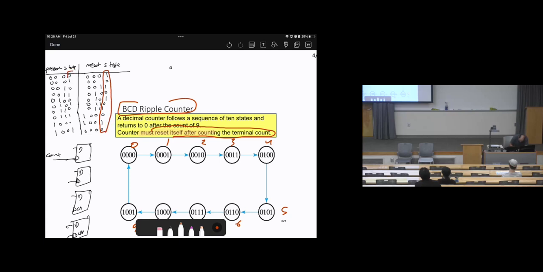So you will see that, let me call it Q0, here is Q0 and Q0 star. We will realize that Q0 star equals Q0 bar, right?